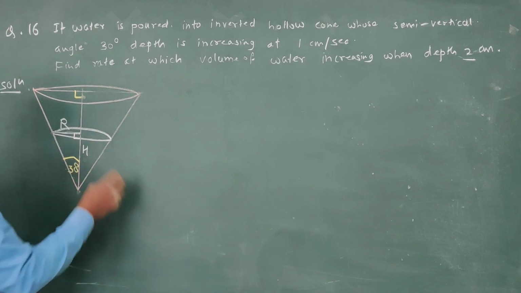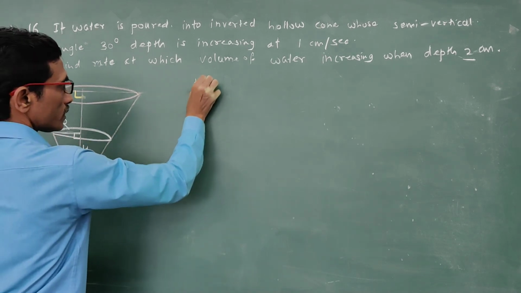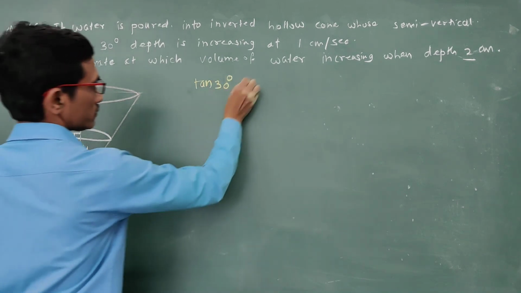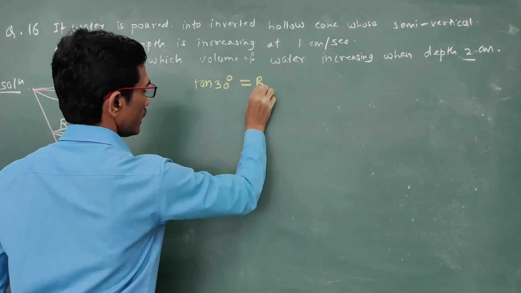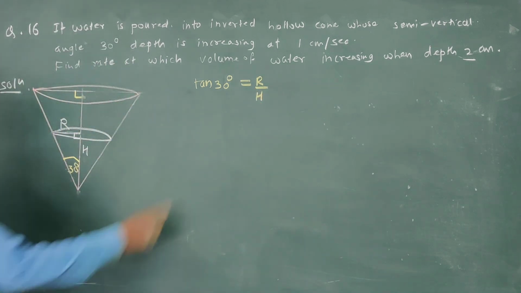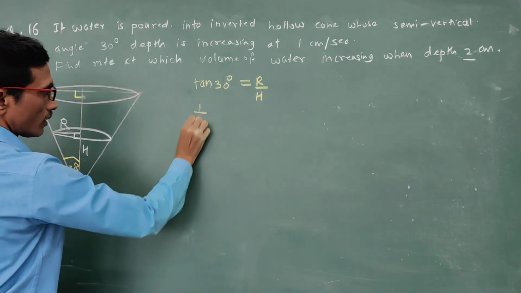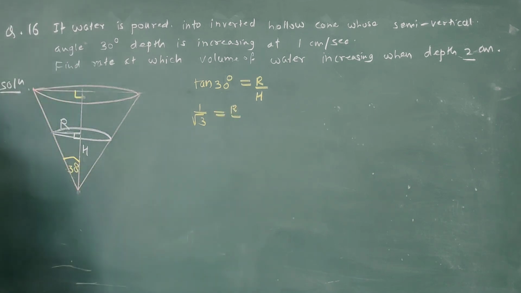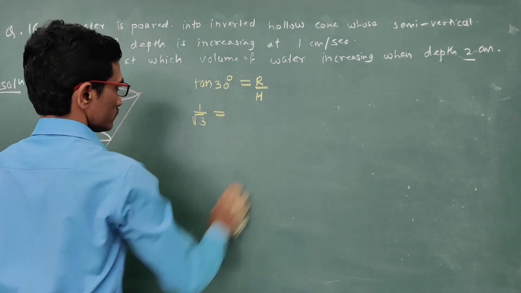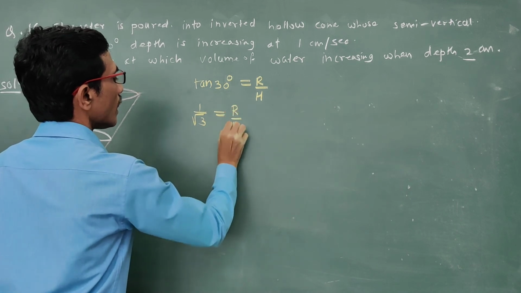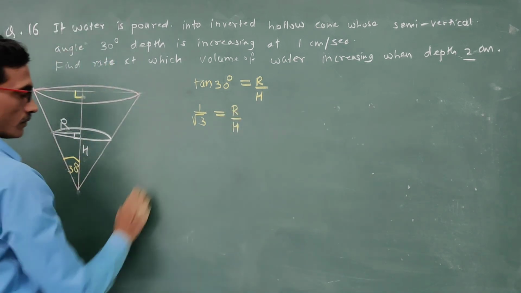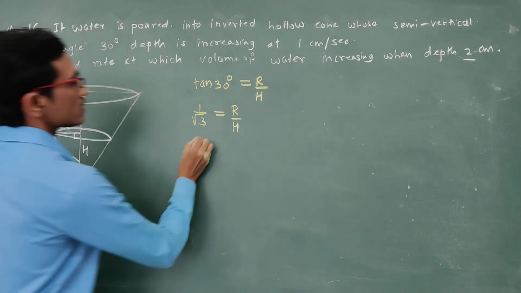So in this right angle triangle, tan of 30 degree is equal to the opposite side r upon height h. But tan 30 degree is 1 upon root 3, which is r upon h. So we can get r from this. So therefore we have this relation.